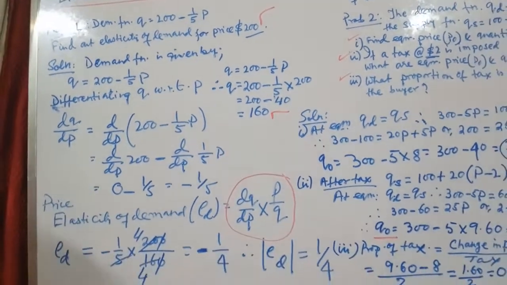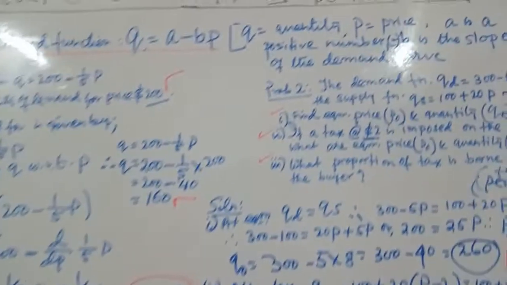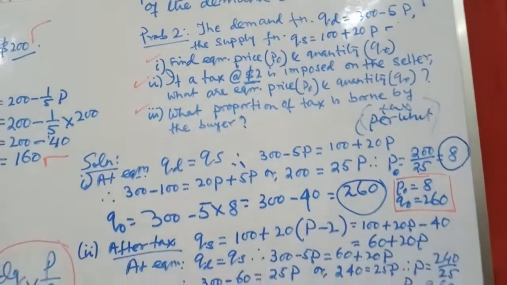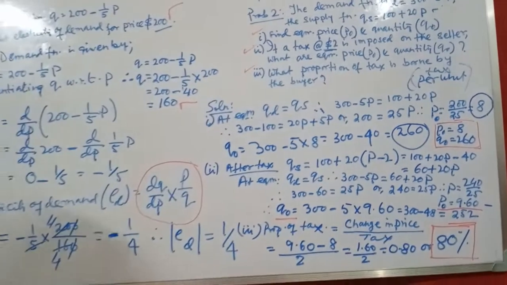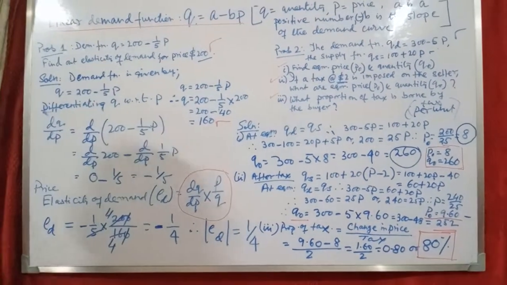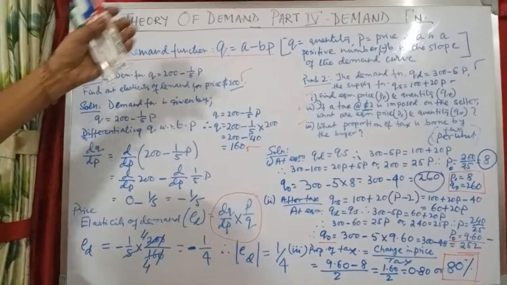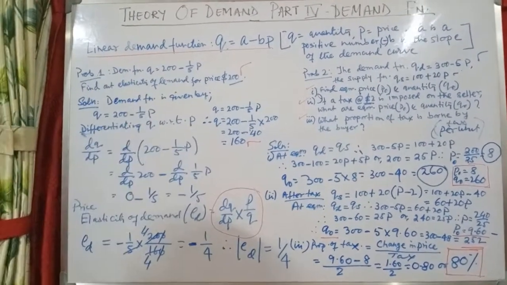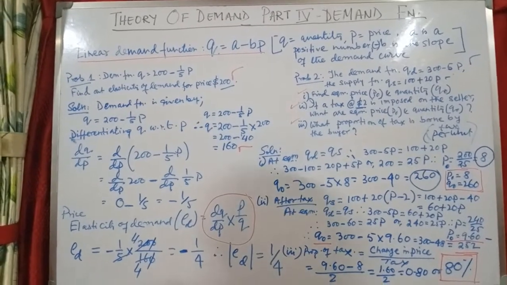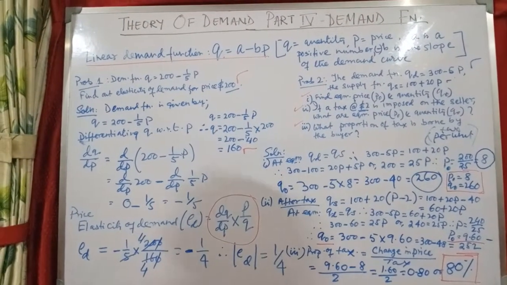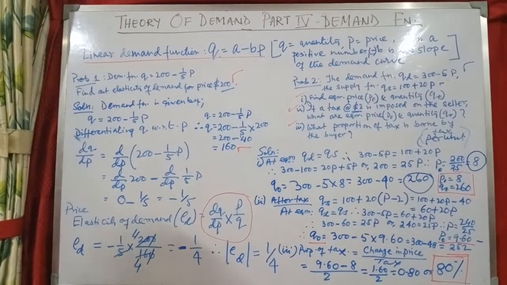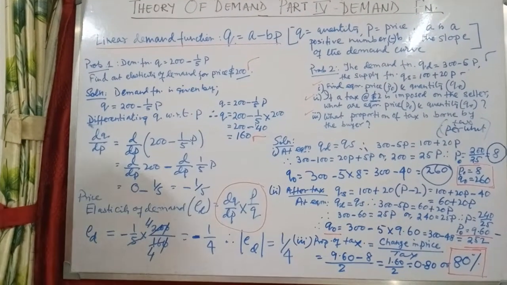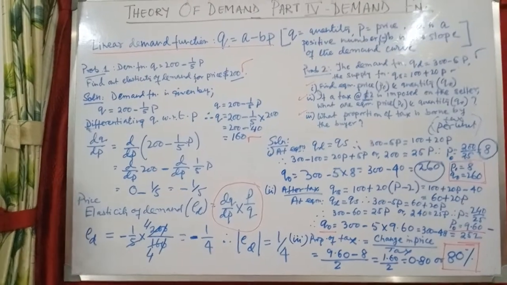For this video, I think this is enough. What have we learned? We have learned how to deal with the demand function, how to find out equilibrium price and equilibrium quantity, how to find out elasticity of demand, how to find out the new equilibrium price and quantity if a tax is imposed, and how to find out the proportion of tax to be borne by the buyer.